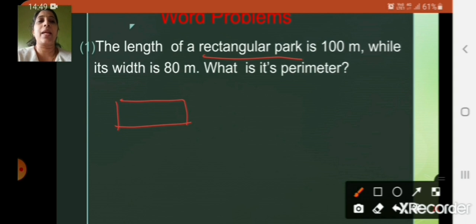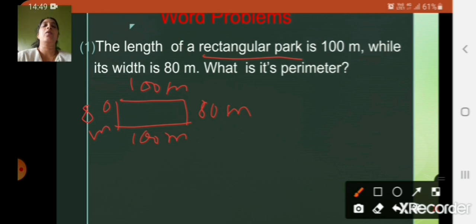This is the rectangle, right? Length is 100 meter. So I will write here as 100 meter and width is 80 meter. So the breadth is 80 meter, right? So like this you can draw the diagram for your purpose, okay?